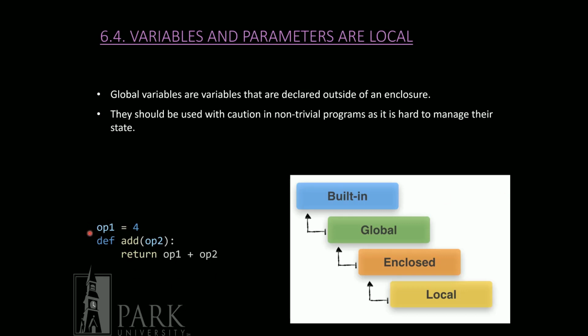In this example right here, you can see that we have both a global and a local variable, right? The local variable here is op2 because it is declared inside of this add function, where op1 is a global variable because it is declared at the global state. And we can use both variables inside of the add function, but we cannot use op1 outside of the add function.